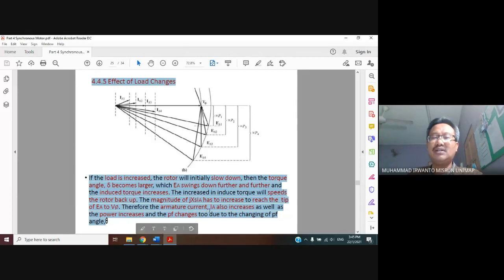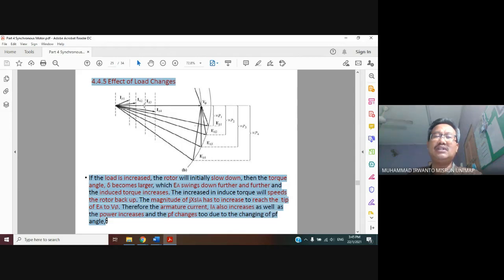Therefore armature current IA also increases as well as power increases. The power factor changes due to the change of the angle theta. Ya, kita tengokkan power factor change ya. Ini mula-mula power factor theta dengan berapa? After that IA dengan berapa? I3, for example, if you look at the power factor IA and V phase here, it is unity. IA1, IA2 is leading.